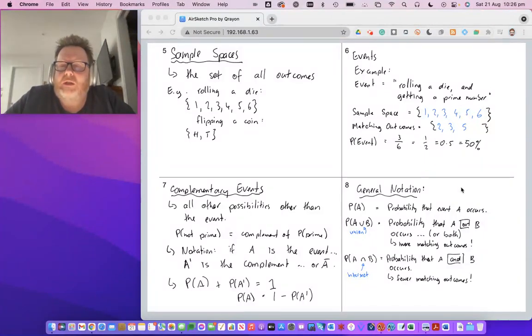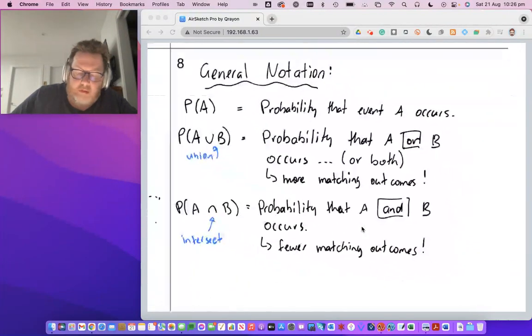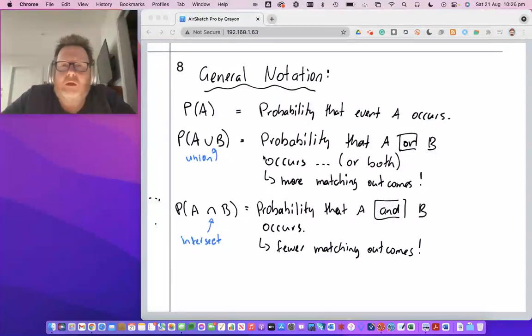So here's a notation that I wanted to go through with you. This one here, P or PR of A, depending on how I feel, for probability of an event A, like so. Then we've got these two notations here that I wanted to go through. I think they're pretty important.